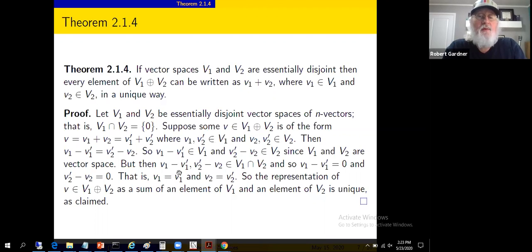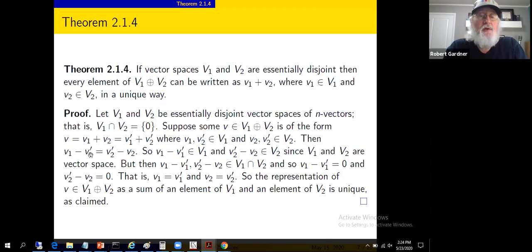And then we must have these two vectors lying both in V1 intersect V2. But the only thing in V1 intersect V2 is the zero vector. All right, so it must be that v1 minus v1 prime is a zero vector. v2 minus v2 prime is the zero vector. That is v1, v1 prime, v2, v2 prime, those are equal.